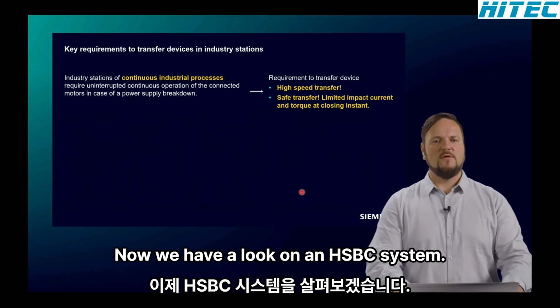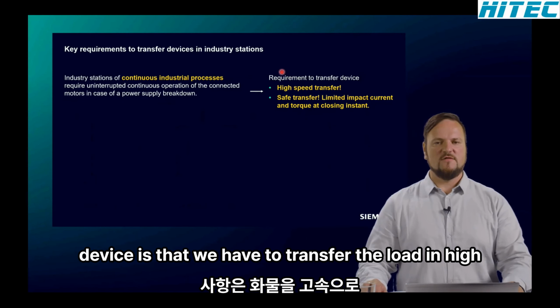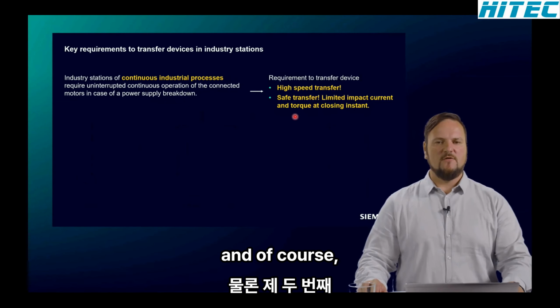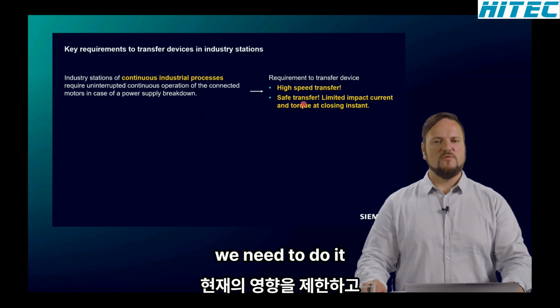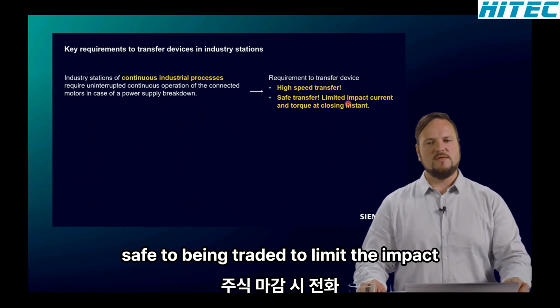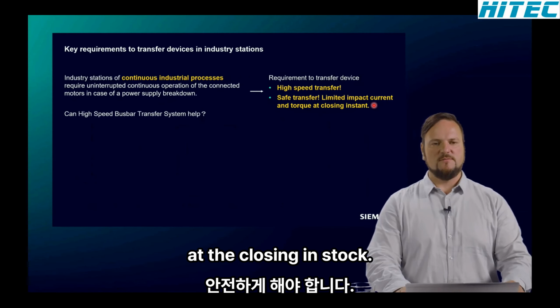Now we have a look at an HSBT system. The requirement for this transfer device is that we have to transfer the load at high speed. And of course, when you remember my second slide, we need to do it safely. That means we need to limit the impact current and the torque at the closing instant.